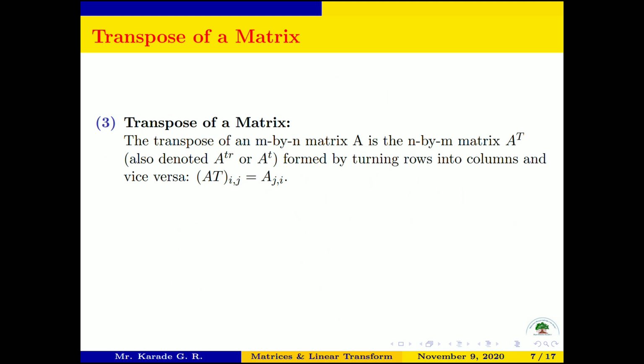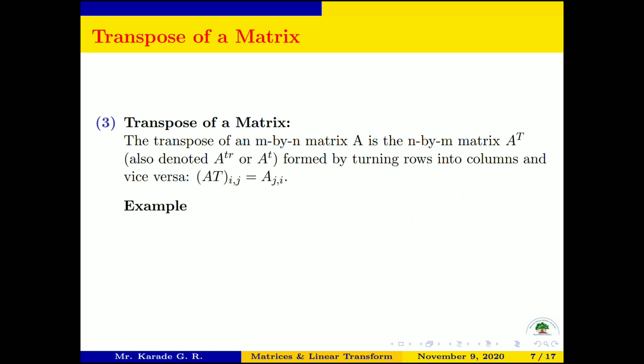That is, the ijth element of A transpose is equal to the jith element of A. So the ijth element of A transpose is the same as the jith element of matrix A.